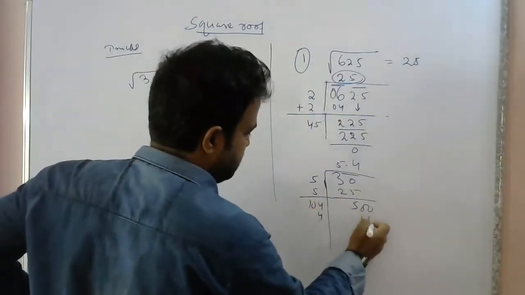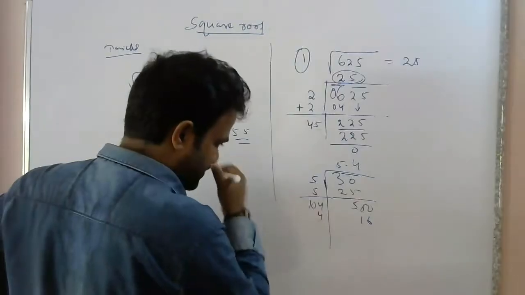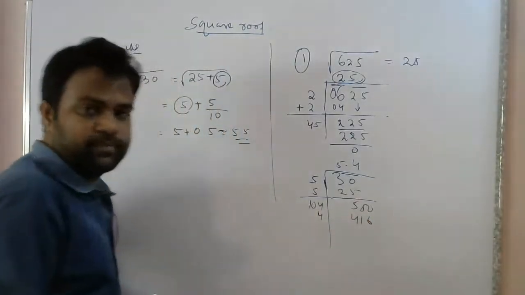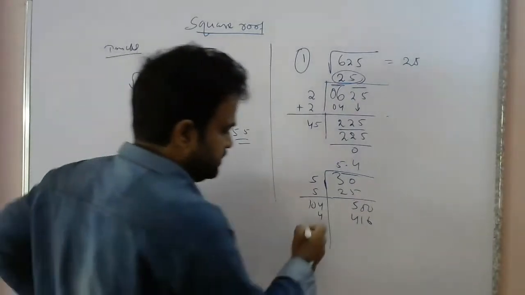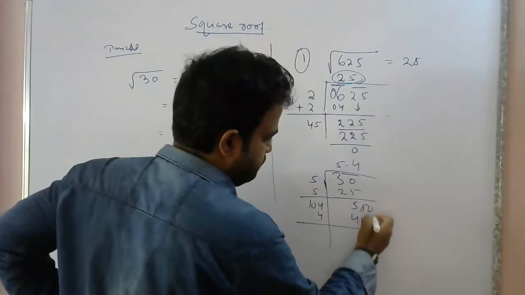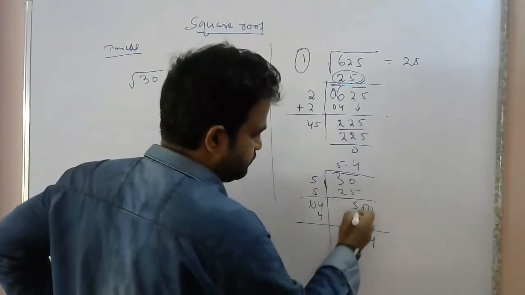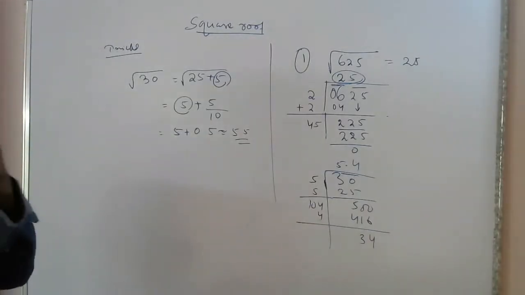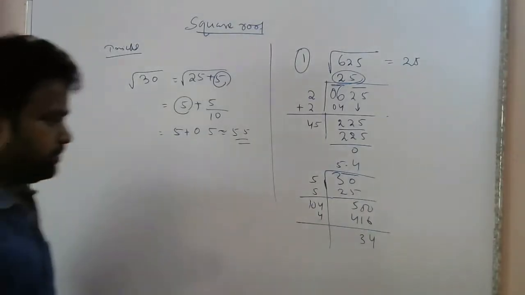4 4s are 16. And 4 1s are 4. So 416. Right? 416. Now this is 4, this is 3.